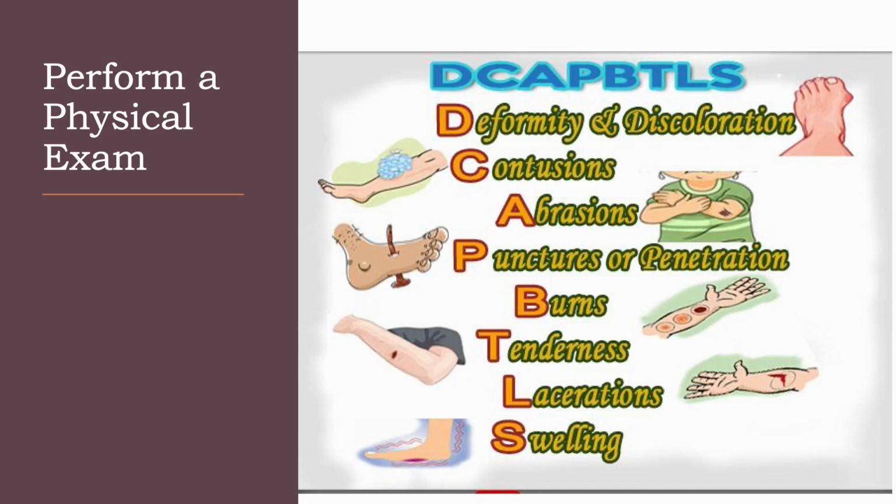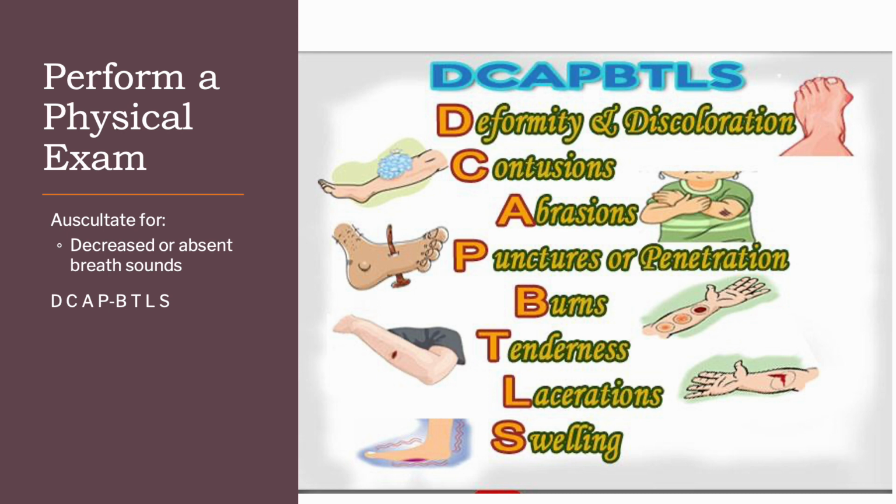So this is another mnemonic. You don't have to memorize it, but it's a really good one to know. It'll help you remember what you're looking for. We say it DCAP BTLS. So we're going to listen for decreased or absent lung sounds and then DCAP BTLS. So deformities, contusions, abrasions, penetration or puncture, burns, tenderness, laceration, and swelling. That's DCAP BTLS.